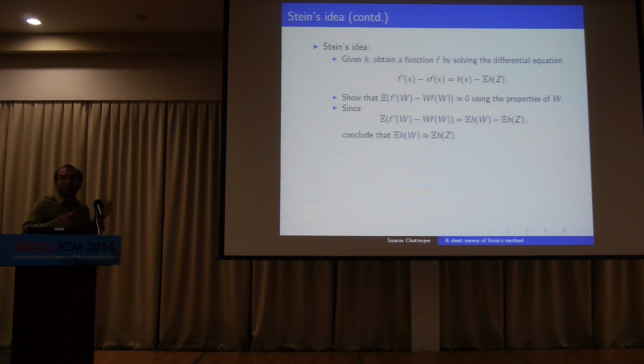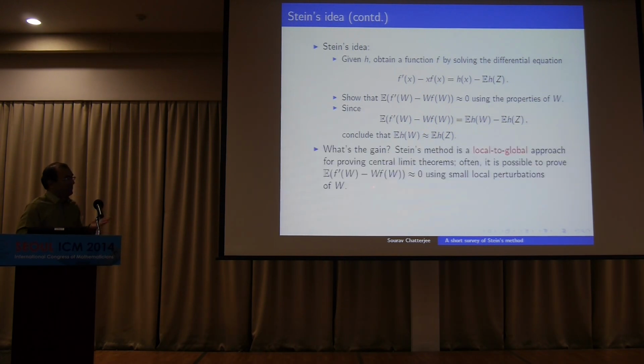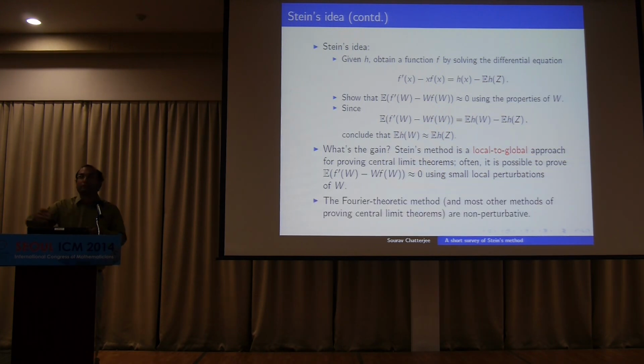So why do you do this relatively complicated looking thing? What's the gain? The gain is that Stein's method is sort of a local to global approach. It's often possible to prove that this kind of approximation holds using small local perturbations of W. When you're doing the Fourier theoretic method, you're doing a global thing. You're looking at W as a whole, and you're decomposing the Fourier transform into a product. So that's dealing with the whole thing.